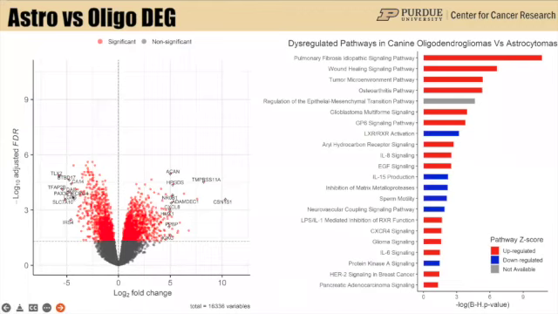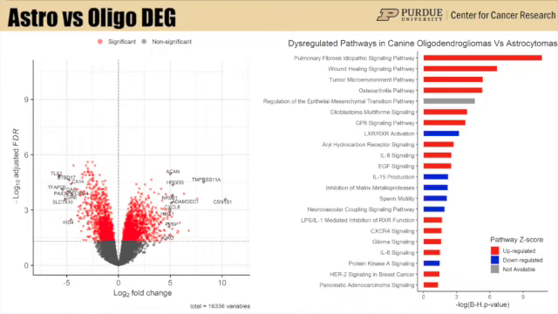The genes on the left side are higher expressed in astrocytoma compared to oligodendroglioma, and those on the right are expressed higher in oligodendrogliomas than in astrocytomas.